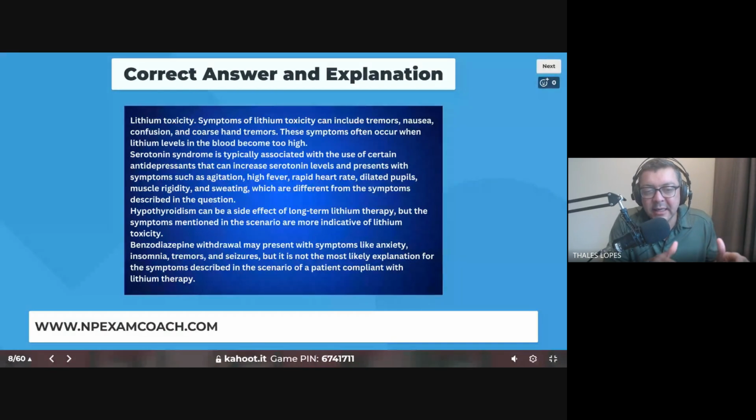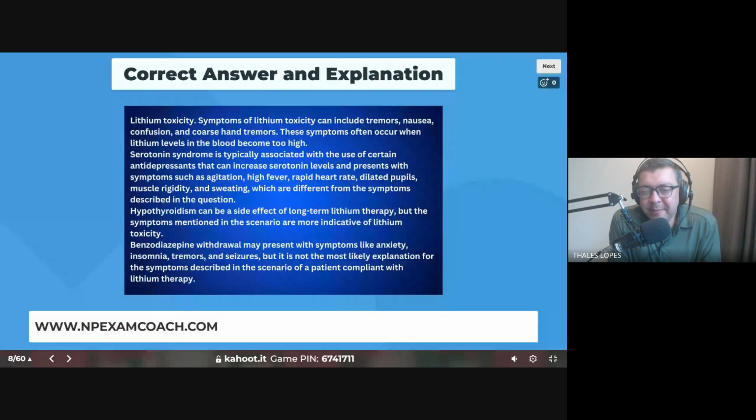Now it is a toxicity or signs of toxicity. Very classic sign, right? The symptoms occur when the lithium level is high, usually above 1.5. That's the toxicity level.